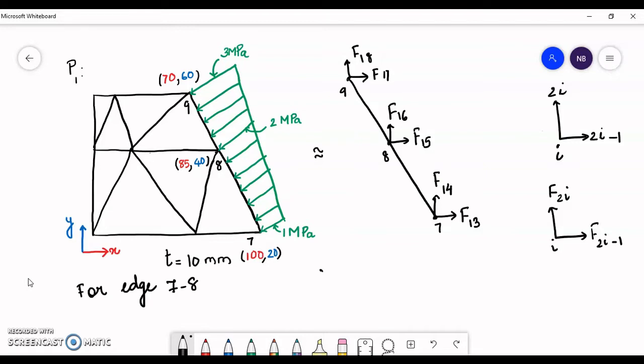Okay, so we have the edge here 7 and 8, and we have the linearly distributed load. So this is 2 MPa at node 8 and 1 MPa at node 7.